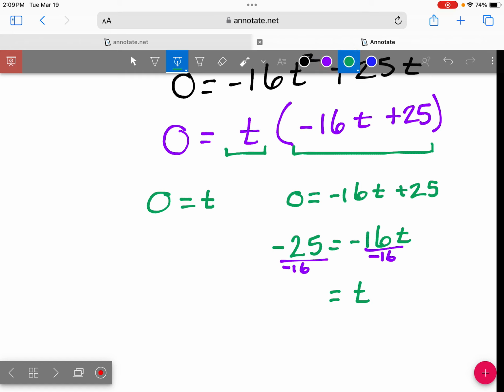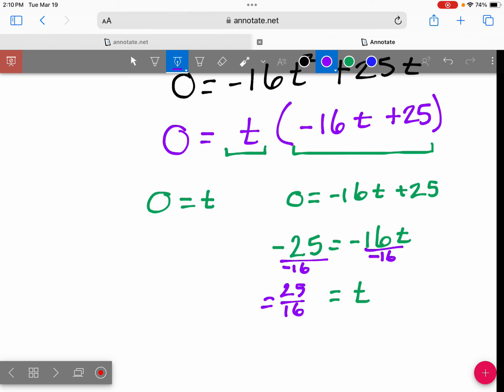Is that a decimal we know off the top of our head? No. Utilizing tools, we can put it as 25 over 16. If you want it as a decimal, that's fine. It's going to be a little more than 1.5.